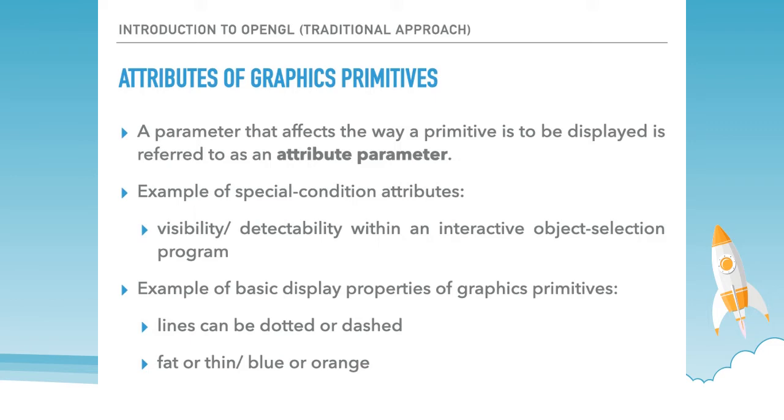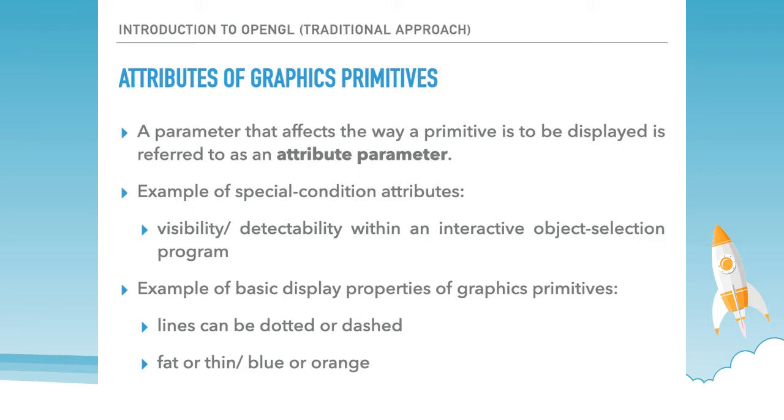One way to incorporate attribute options into a graphics package is to extend the parameter list associated with each graphics primitive function to include the appropriate attribute values. A line drawing function, for example, could contain additional parameters to set the color, width, and other properties of a line. Another approach is to maintain a system list of current attribute values.